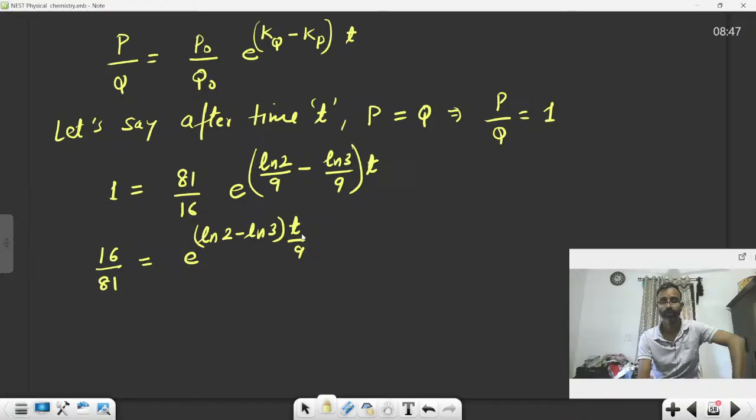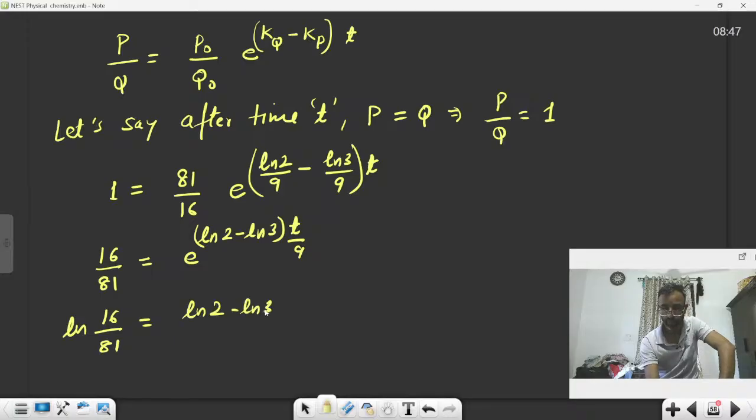So if we take natural log of 16 by 81, it becomes natural log of 2 minus natural log of 3 into t by 9. You know, natural log and this exponential cancel out. So what is natural log of 16 by 81?